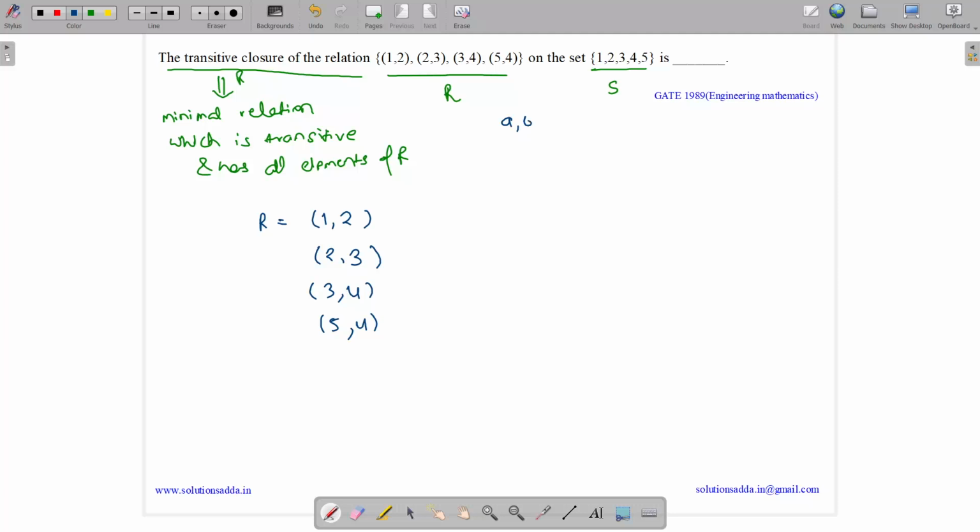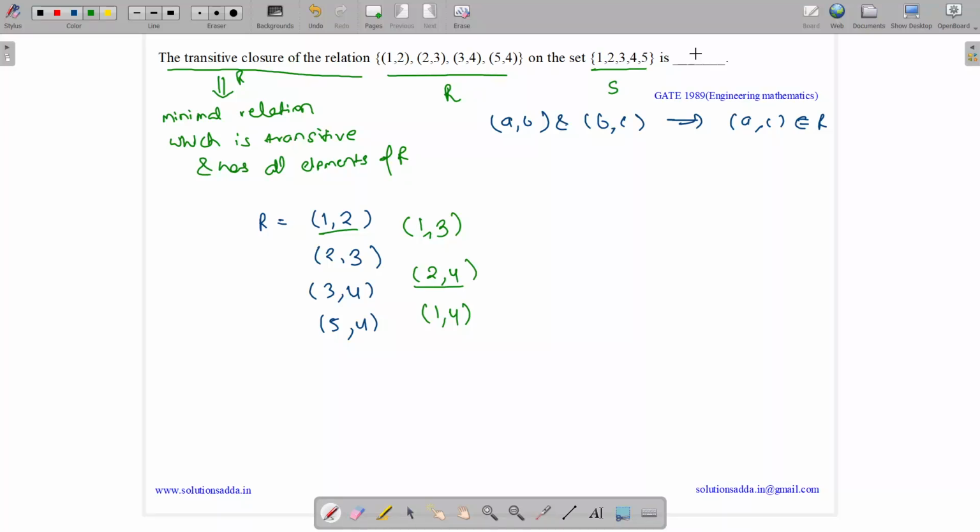Transitivity means if (A, B) belongs to R and (B, C) belongs to R, then (A, C) must belong to R. So let us see where transitivity is failing. 1, 2 belongs to R, 2, 3 belongs to R. So 1, 3 must belong to R. Here 2, 3 belongs to R, 3, 4 belongs to R. So 2, 4 must belong to R. And 1, 2 belongs to R and 2, 4 belongs to R. So 1, 4 must belong to R.